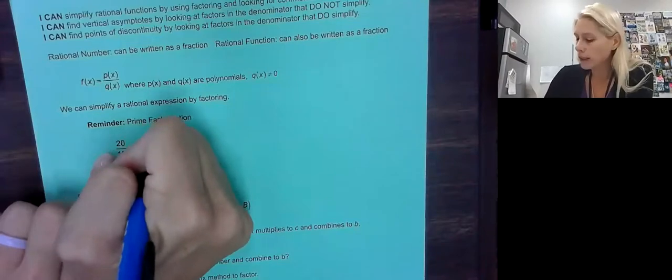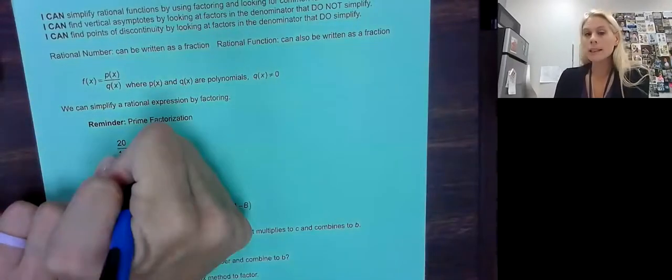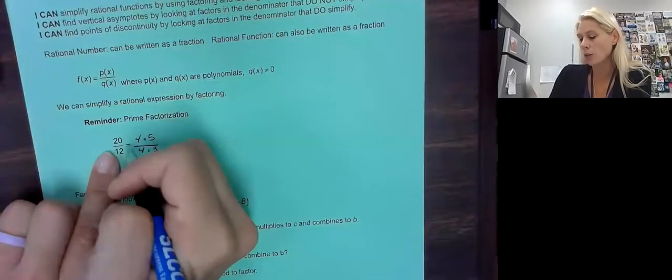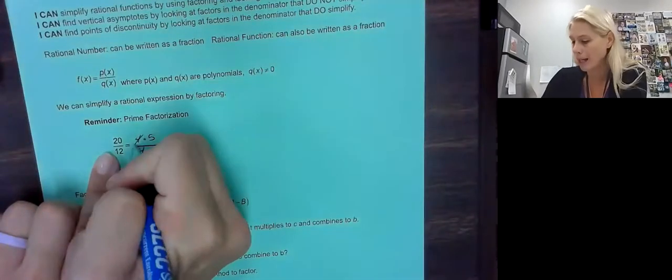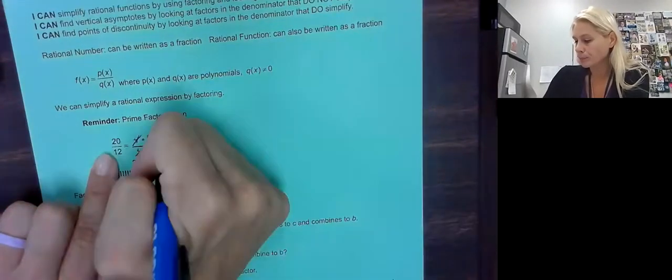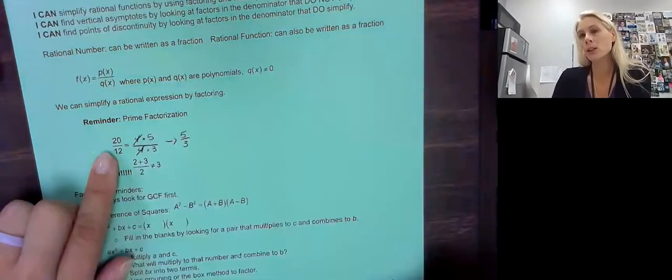And 12 is 4 times 3. Now, because of this multiplication here, 4 over 4 would be the value of 1, so we can cancel them out, leaving 5/3. So these are fractions of equal value. That's what we did in grammar school.